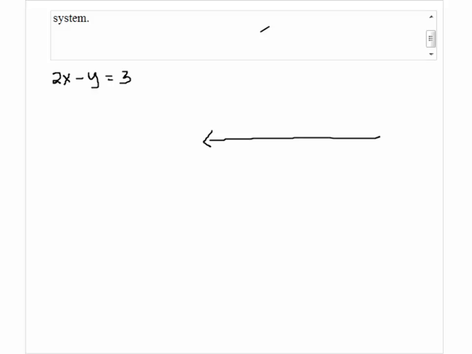And we're going to graph the line first, which is called a boundary line. So by solving for y, we have y equals 2x minus 3. So the y-intercept is negative 3.